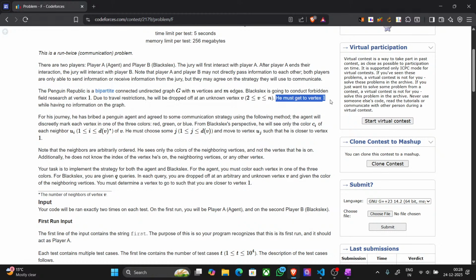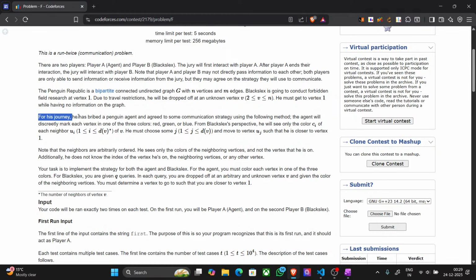He must get to vertex 1 while having no information of the graph. Okay, so what it is saying is that Blackslack, which is player B, is in a graph at some particular node from 2 to n, and he needs to get to 1, but he has no information of the graph, how the graph is represented or how the edges are connected to each other.